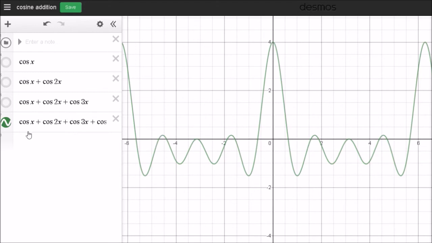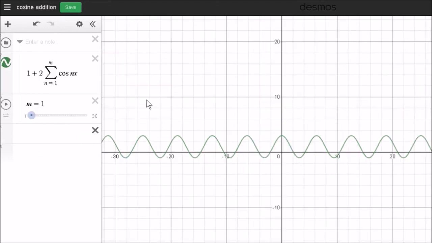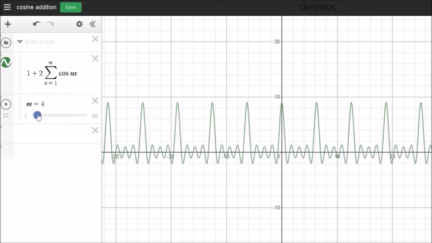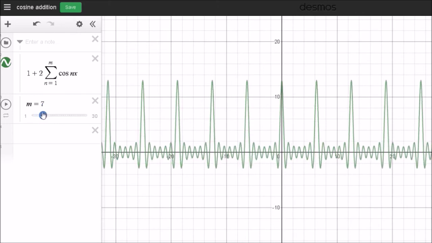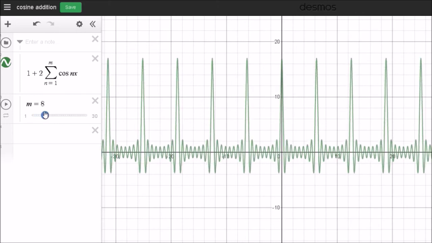So let's go on and have a look and see what happens when we take this up to 30 or 40 values. This is our function here, 1 plus 2 times the sum from n equals 1 to m of cos nx. We're going to adjust the value of m so it adds in more and more cosine terms. That's 1 at the moment, and there's 2, 3, 4 and so on. You can see that all of the energy has been focused at single points.